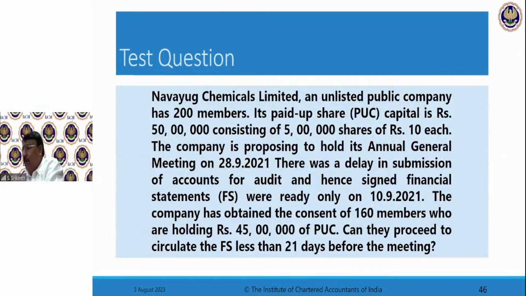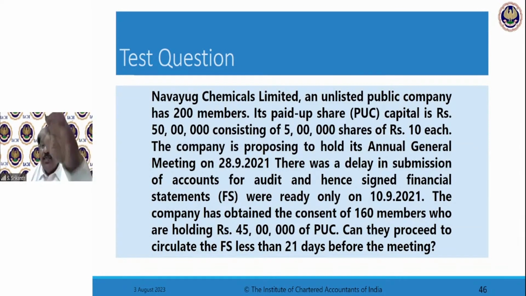Check out. Have they got 95? What you need to do is 45 lakhs they've got divided by 50, how much do you get? So minimum you need 101 as majority in number, but those 101 members should hold 95% of paid up capital.